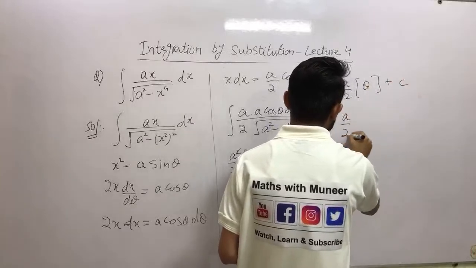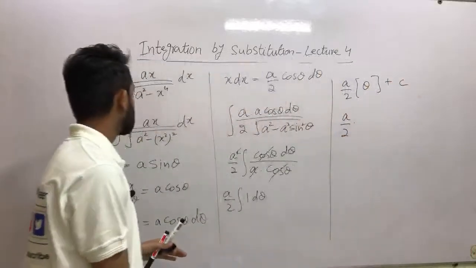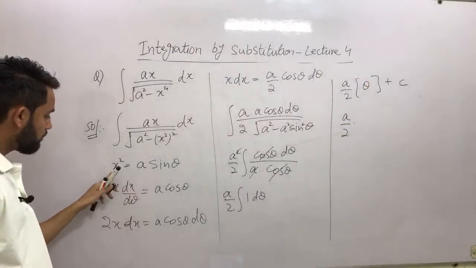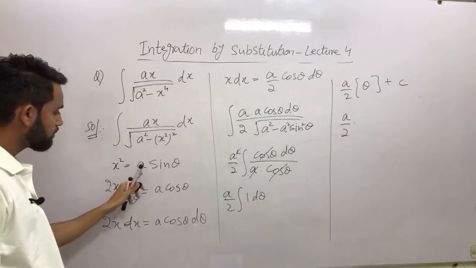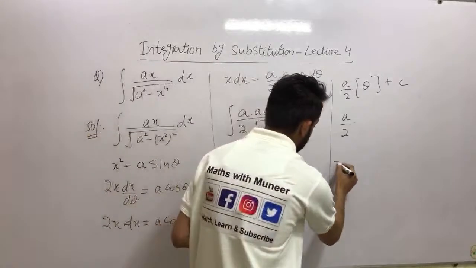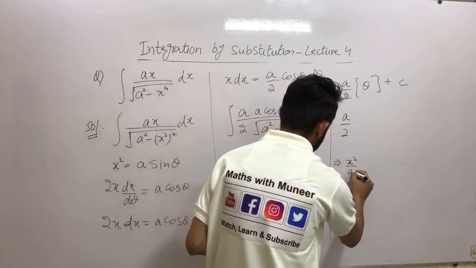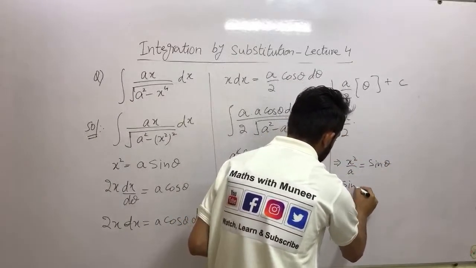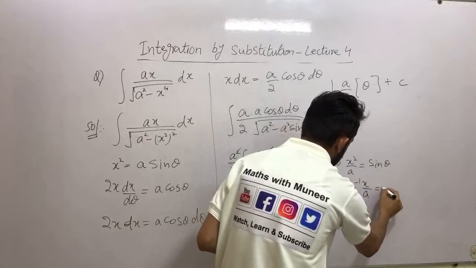So a over 2, and what would be the value of theta? We know x square over a equals sine theta, and this would be sine inverse of x over a equals theta.